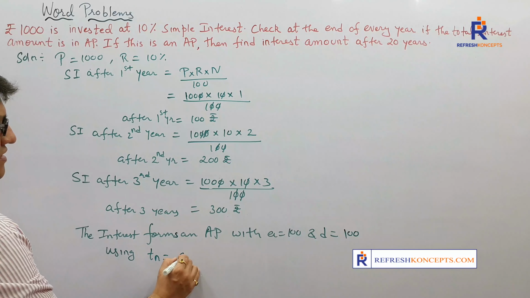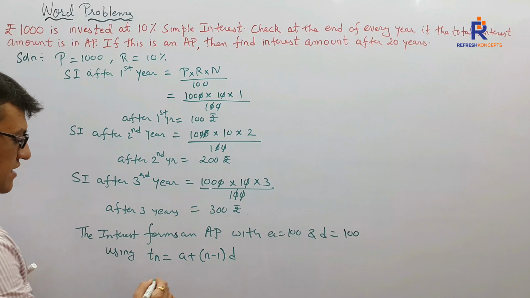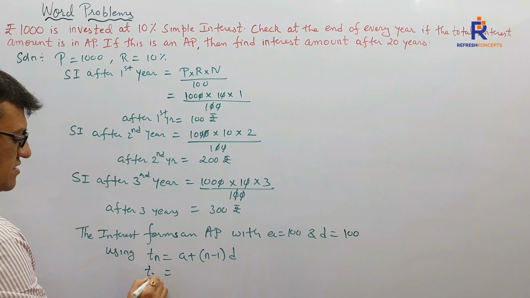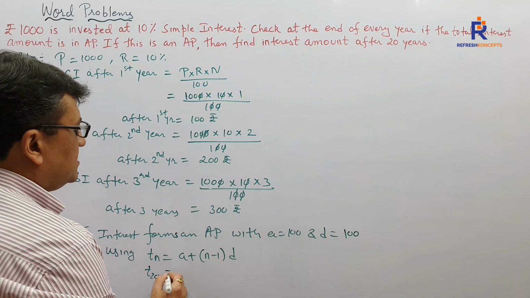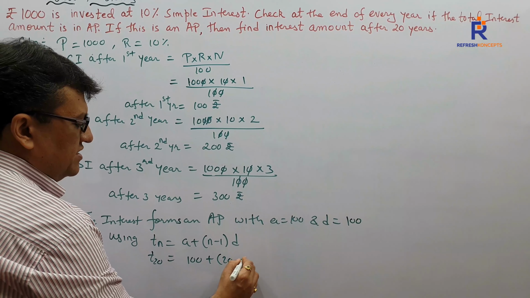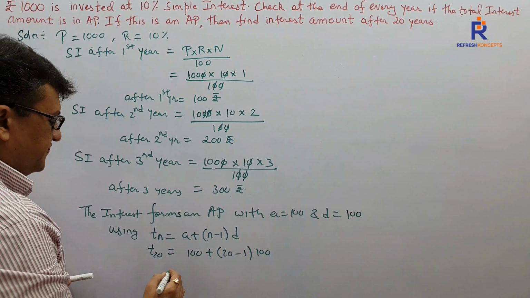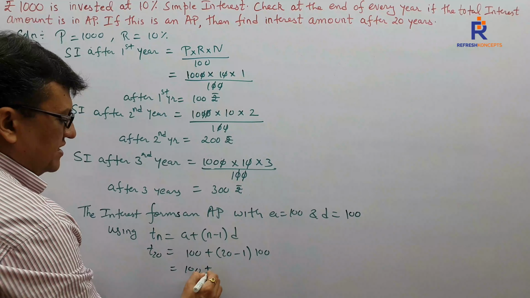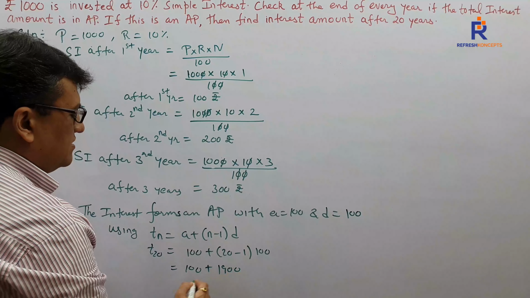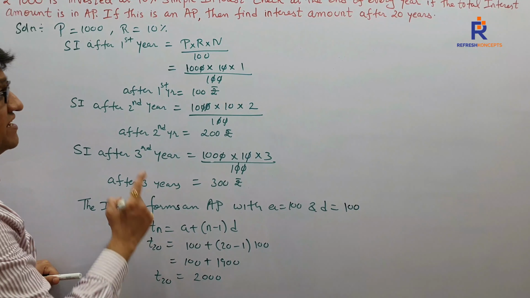Using Tn equals A plus n minus 1 D. So T20, with n as 20, A is 100, 20 minus 1, D is also 100. 100 plus 19 into 100, answer is 2000. So what is the final answer?